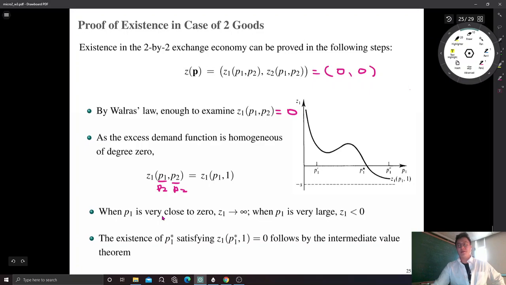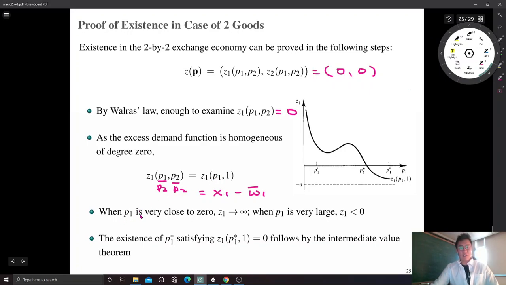Now let me use the third and fourth properties of the excess demand function. Excess demand is defined as aggregate demand for good 1, x1, minus the initial endowment of good 1. Now this is independent of p, it's an initial endowment, but x1 depends on price p1.